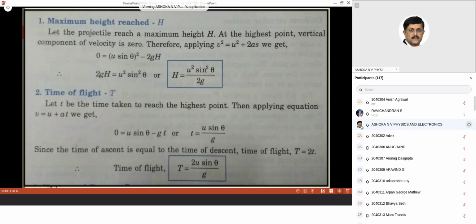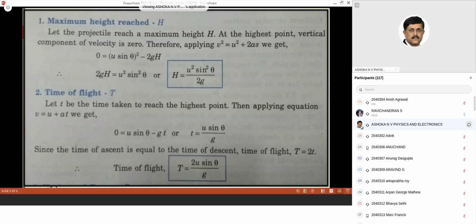For the particle, time of flight here means we are taking only the time from the initial point to reach the maximum height. The time taken from the initial point to the maximum height is what you call the time of ascent. It is going in an upward direction. When it reaches the maximum, we have come across that the vertical component of the velocity is 0.